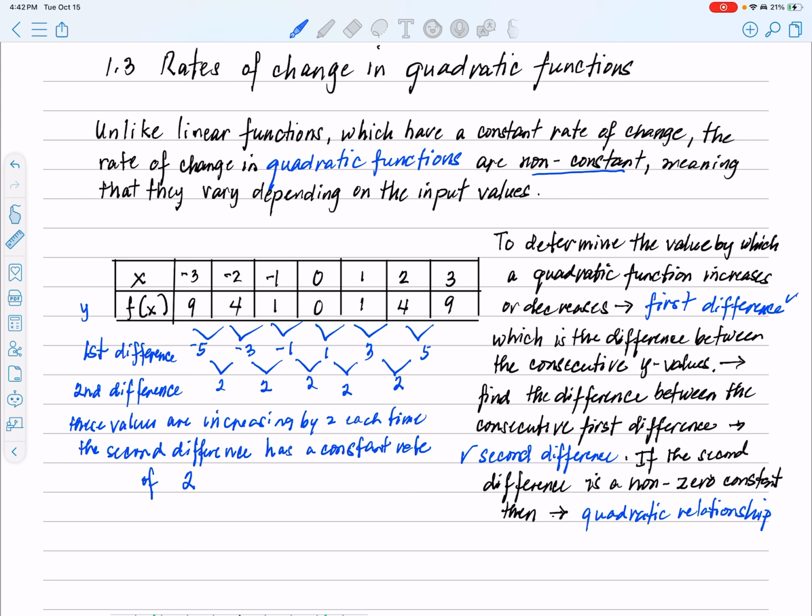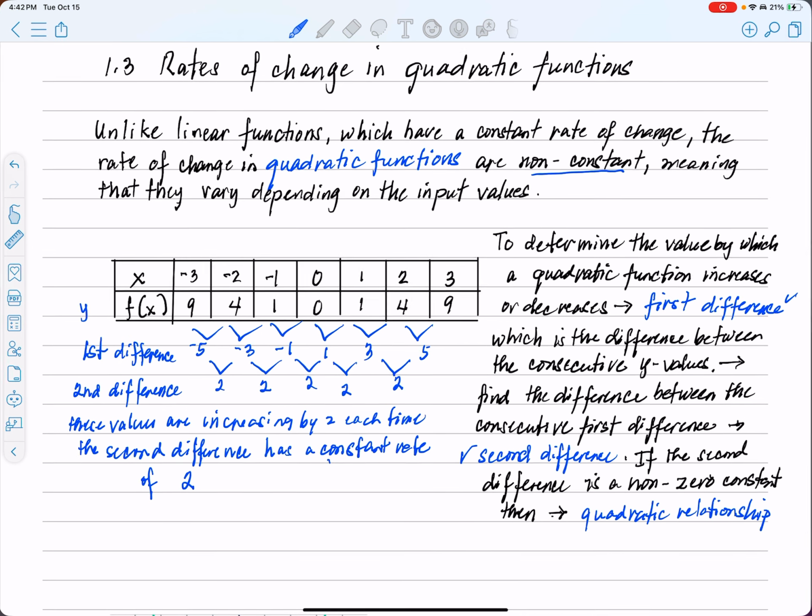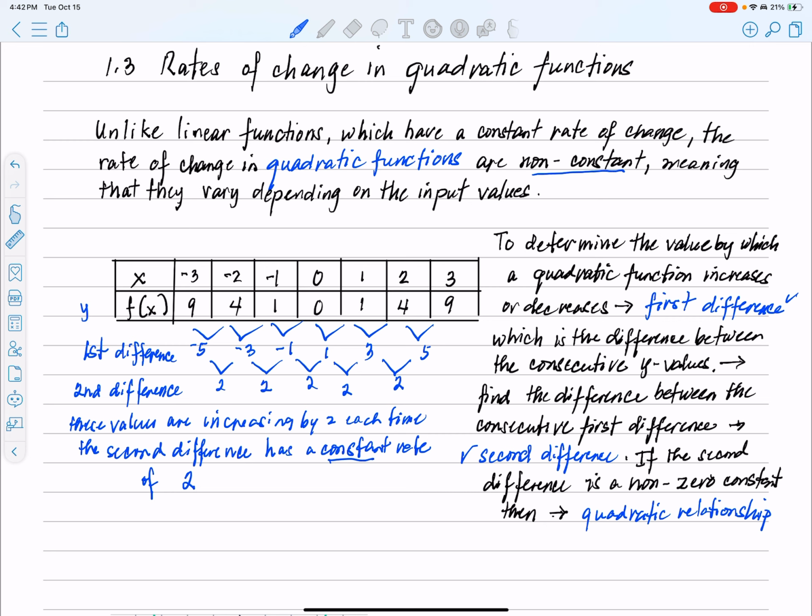The second difference is a non-zero constant, a constant rate. In this case, our constant rate is 2. So notice when the value is increasing by 2 each time, this means that the second difference has a constant value of 2.